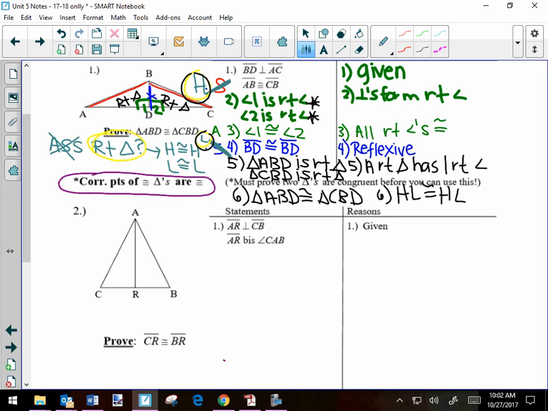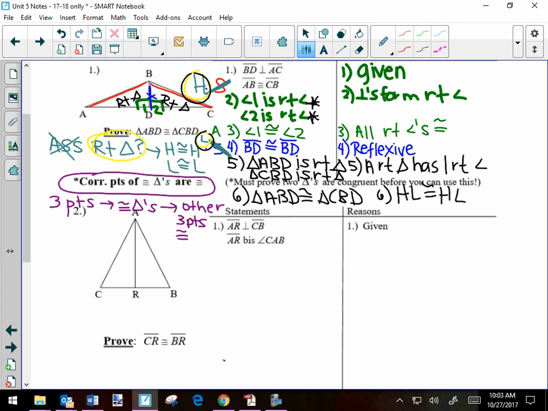And with this reason, what it means is once your triangles are congruent by your 3 parts that will make congruent triangles, you automatically know, once the triangles are congruent, that the other 3 parts have to be congruent as well.